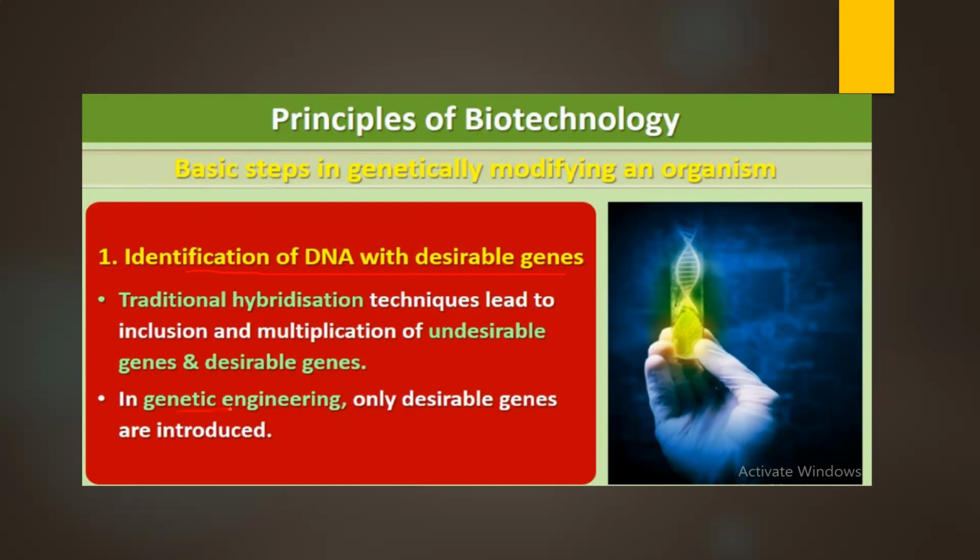And in genetic engineering, what are we doing? Only desirable genes are introduced. The undesirable genes do not get transferred. And when we are transferring the desirable gene, we are creating a recombinant DNA.